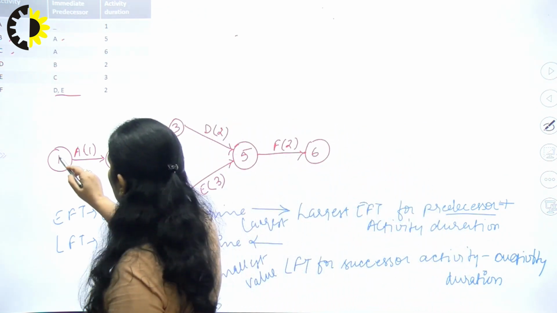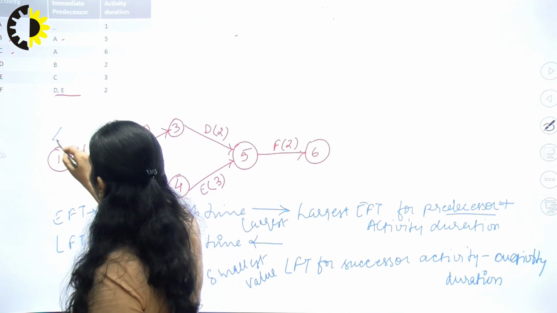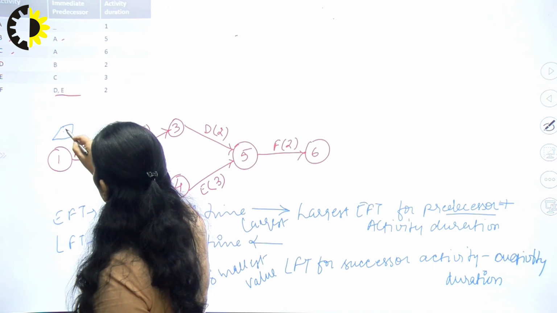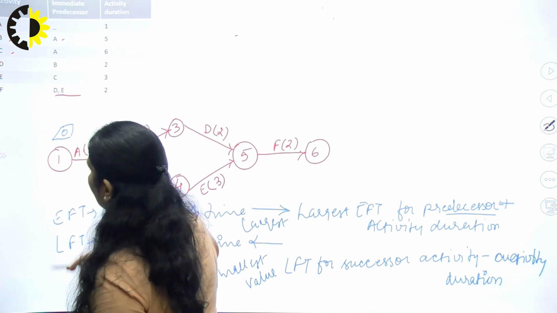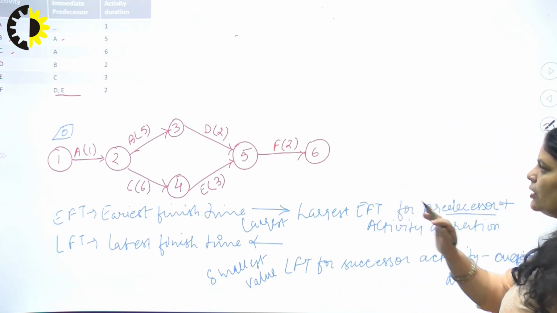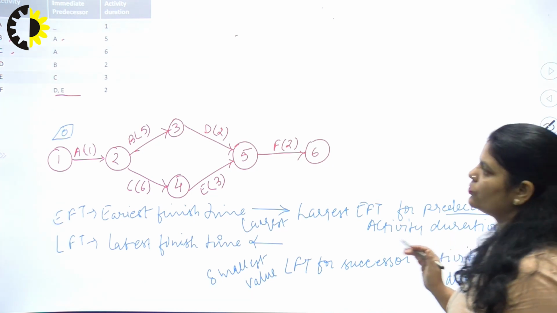For activity A, because it is the starting activity, the EFT will be 0, because there is no predecessor and there is no activity duration.